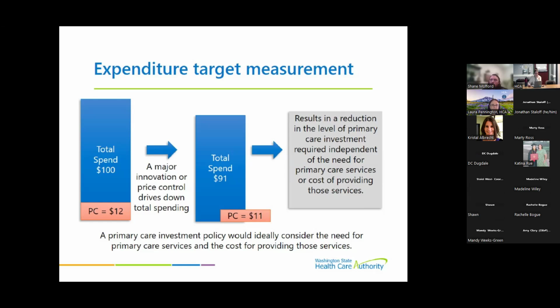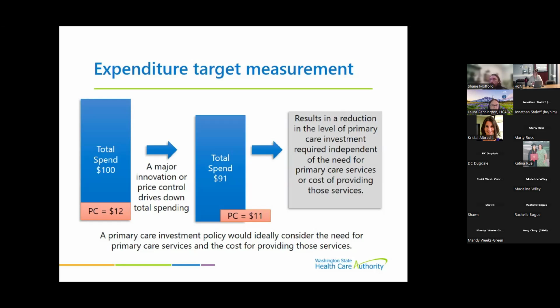Now, I want to reiterate that this is really a very forward-looking proposal. This might be something that you look at implementing, maybe not as a year one thing, but a future year policy. But I think it really is important to acknowledge now, because you can see off the bat, we know where we're at in Washington, around that 5 to 6% approximately.